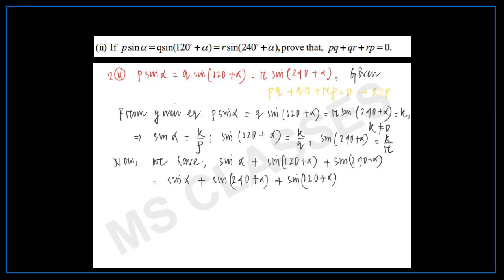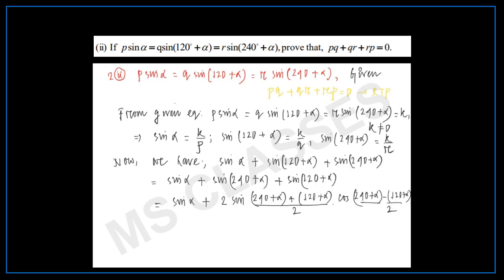This is C, this is D. After that, we apply the sin C plus sin D formula: 2 sin of C plus D by 2, that is 240 plus alpha plus 120 plus alpha by 2, into cos of C minus D by 2.